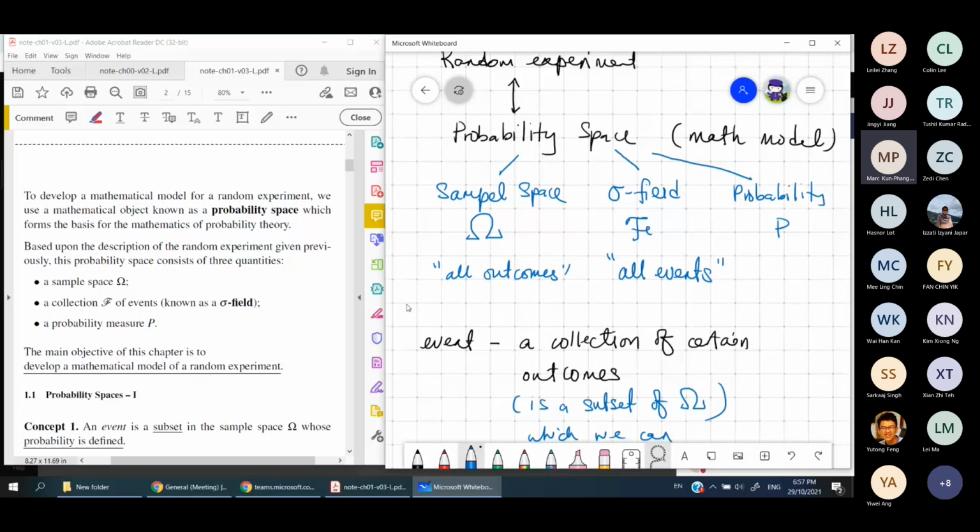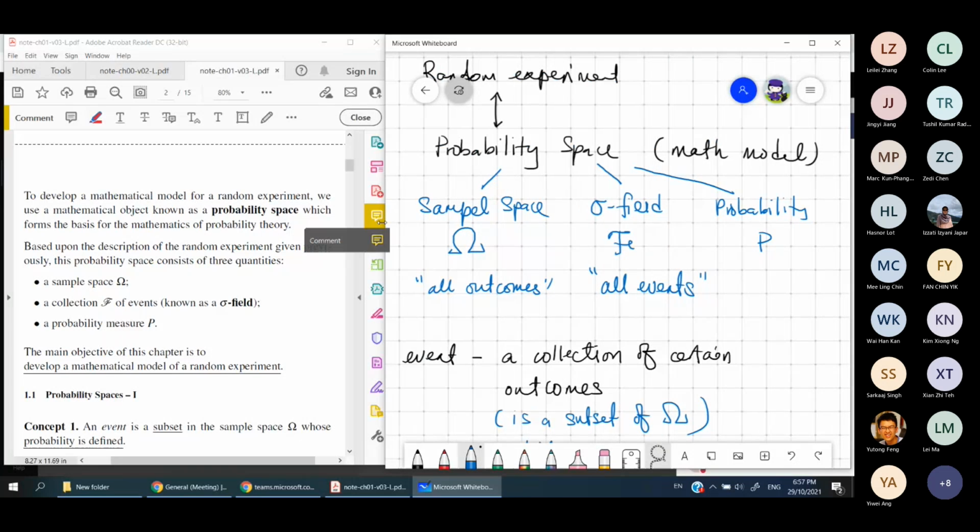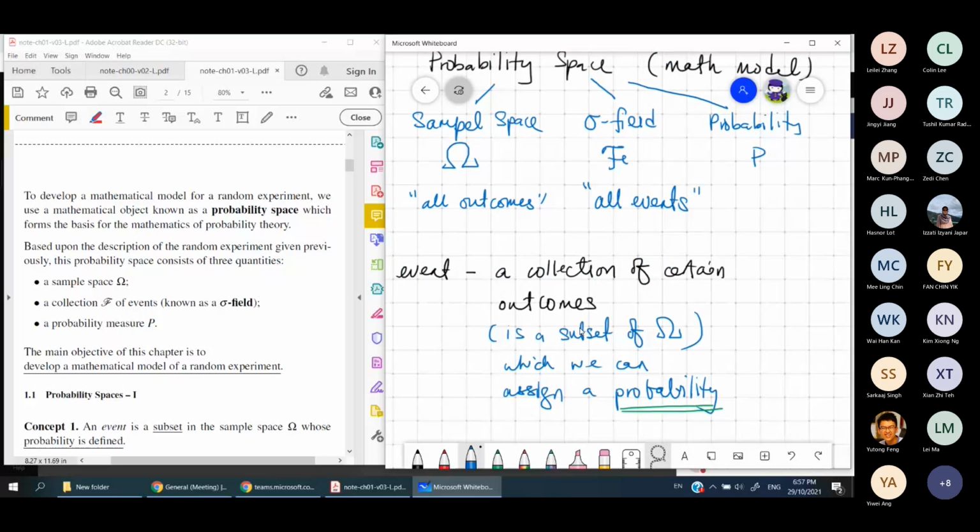But just to make it clear again: first of all, the sample space is all the possible outcomes, and the sigma field is all the events. What is an event? I better put it clearly.